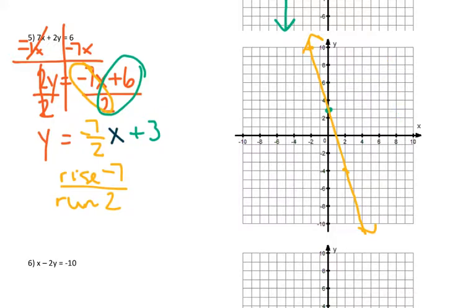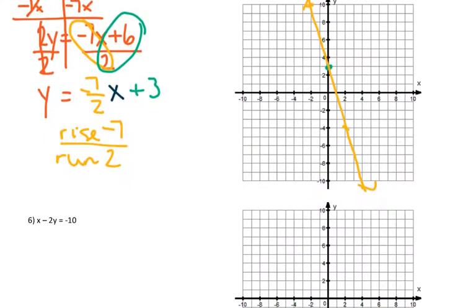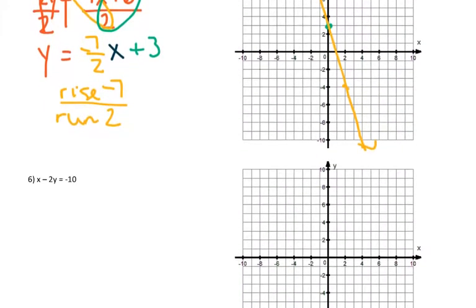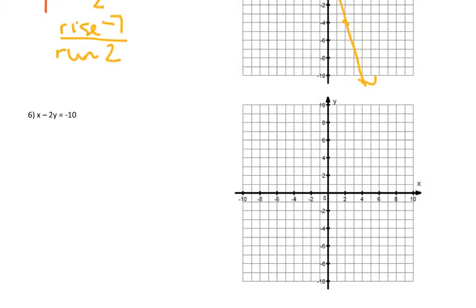Okay, so let's move on to the last example, example 6. I need to get the y by itself here, which means I have to take away x from both sides.